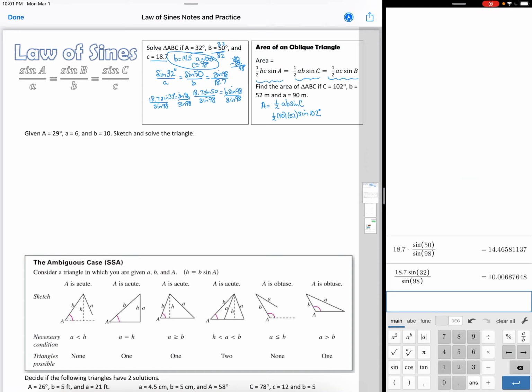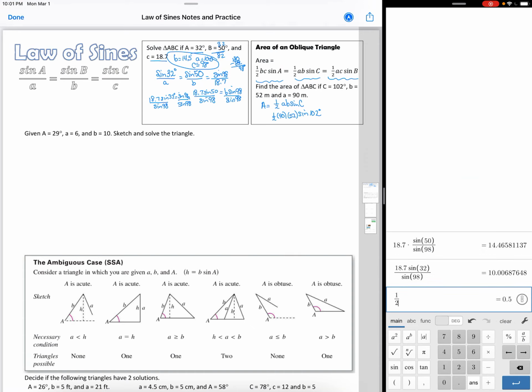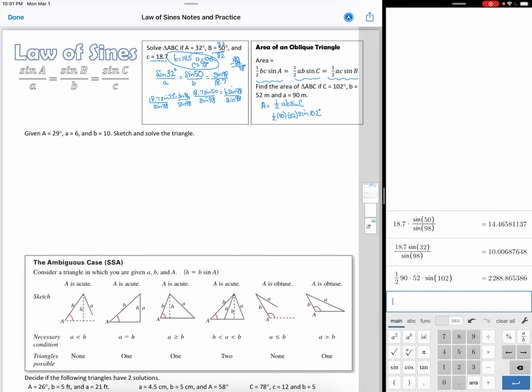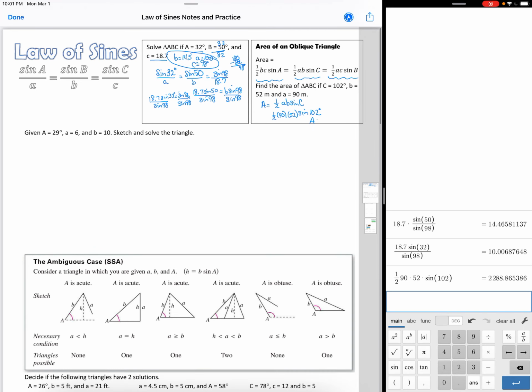We need 1/2 times 90 times 52 times the sine of 102. And we get 2,288.9 meters squared.